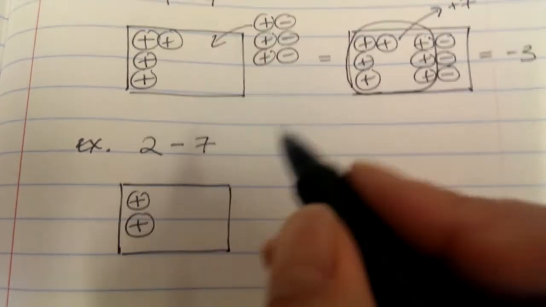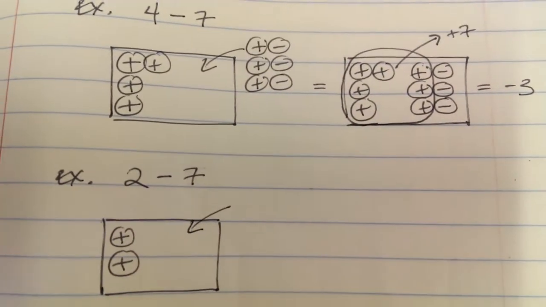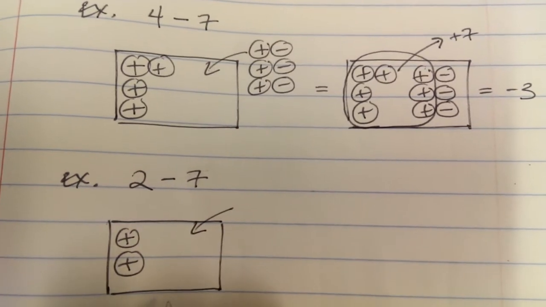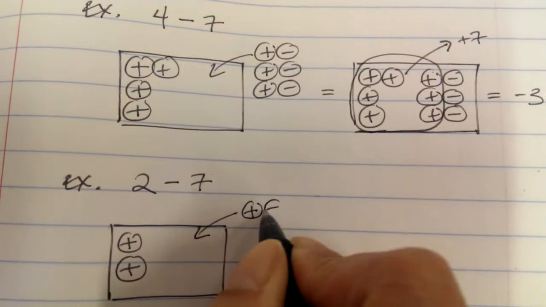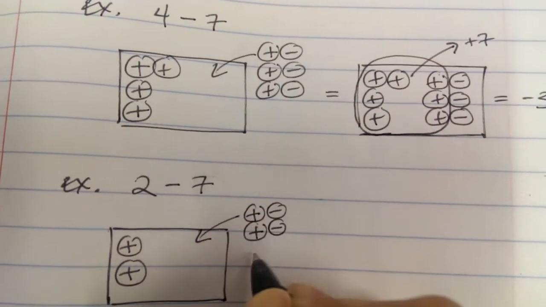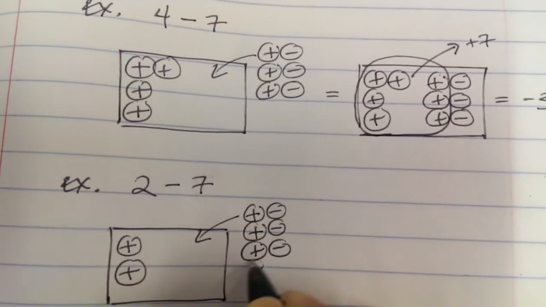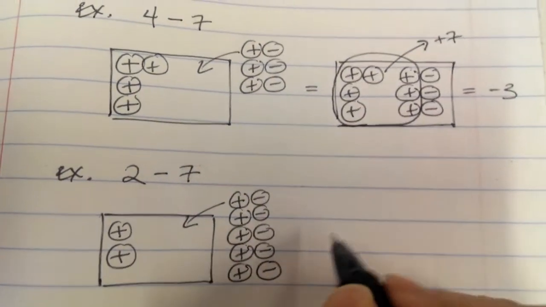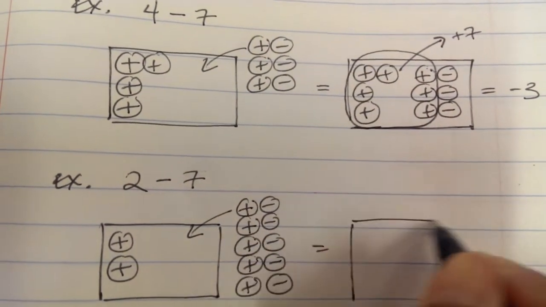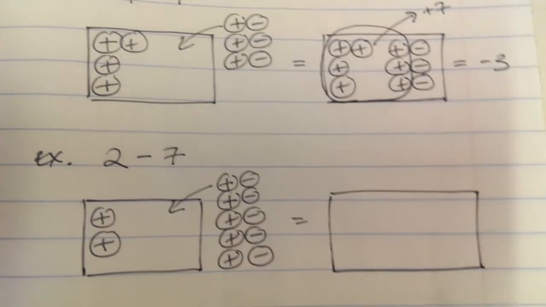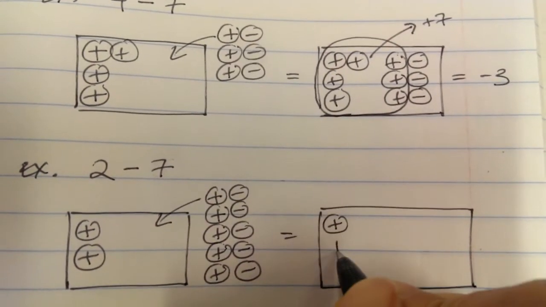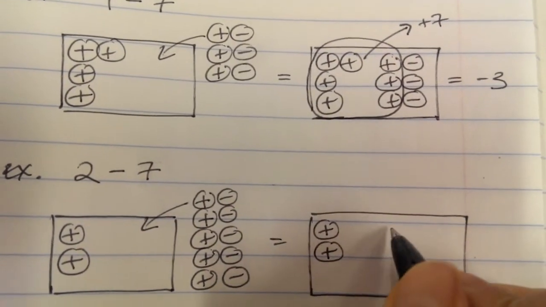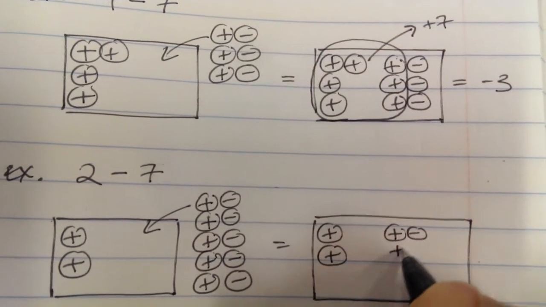So we're going to have to add in our ghost pairs, our 0 pairs. We have to add in how many? 5 0 pairs. So we have to add those into our box. So now our box looks like this. We got your 2 original, and then we've got these 0 pairs.